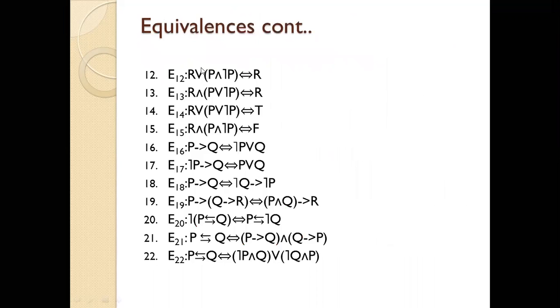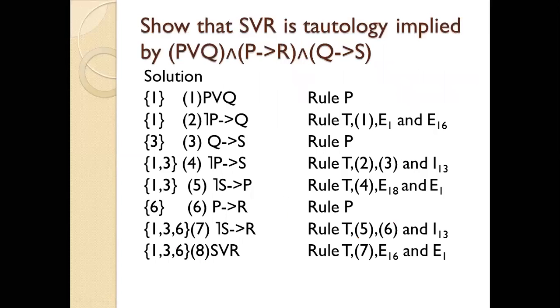Okay. So here P or Q, if I prove it, P implies Q means negation of P or Q. This is our equivalence number 16.